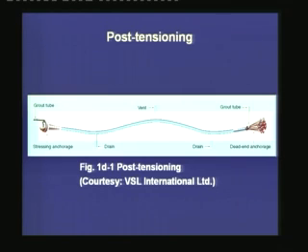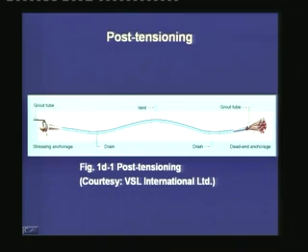Now, this sketch gives a schematic idea of the post-tensioning operation. The duct can be of a curved form based on the design of the profile of the tendon. The tendons are attached at one end by some anchorage system, and then on the other side the tendons are pulled by the jacks.